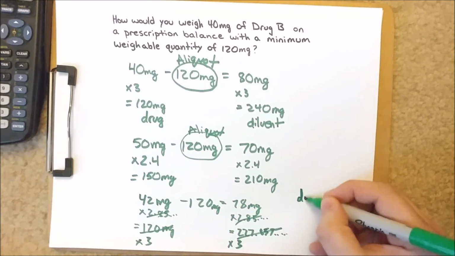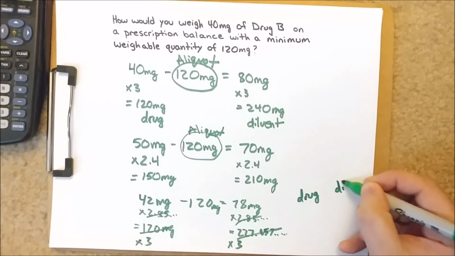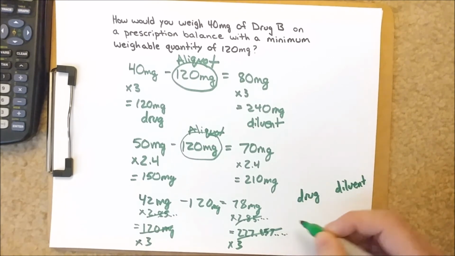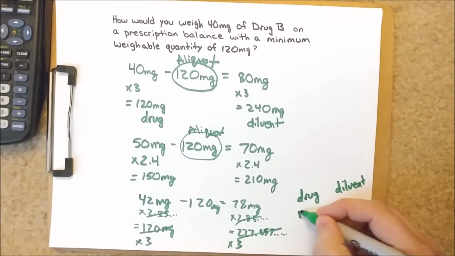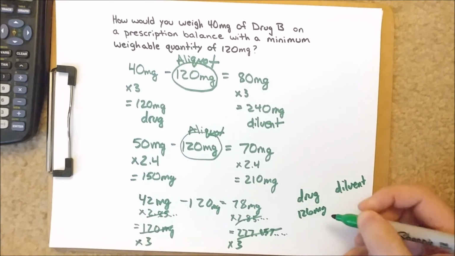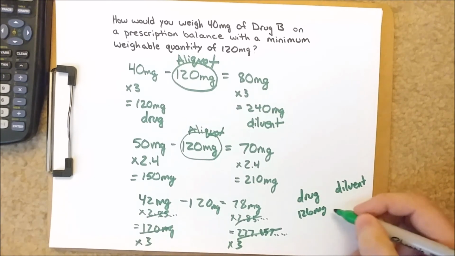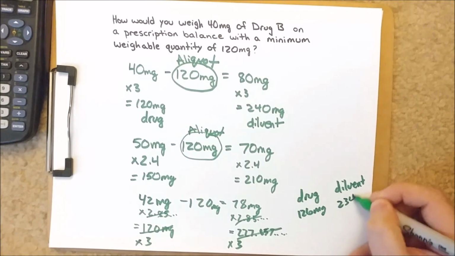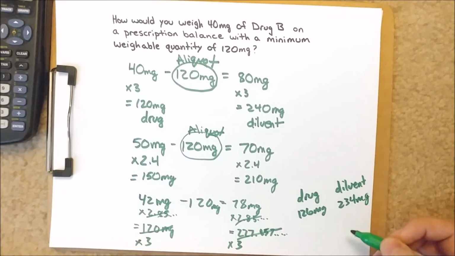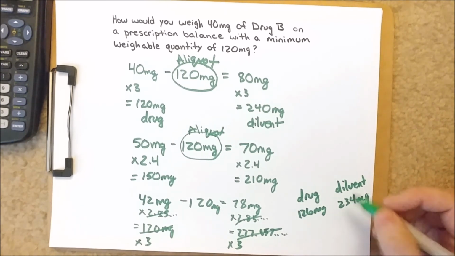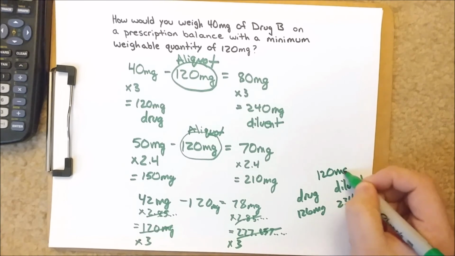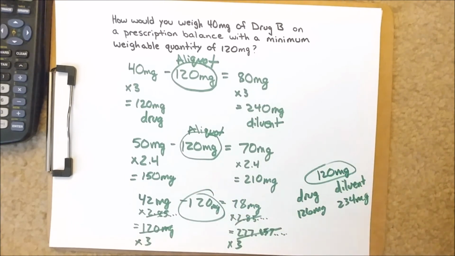I'll put drug over here, diluent. So 42 times 3 is 126, and 78 times 3 is 234. We've got whole numbers. What will our aliquot be? 120 milligrams. That's never changed.